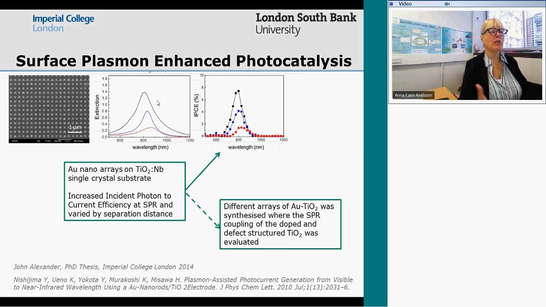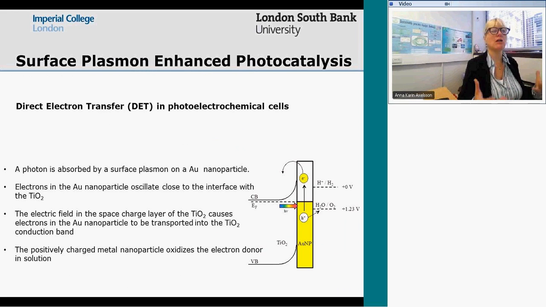So we use this knowledge, and we are now using our understanding of how to adapt different models of the dielectric function and evaluating the cause and mechanism of the increased photocurrent. We were not really sure exactly what it was. So we started into what the different mechanisms could be.